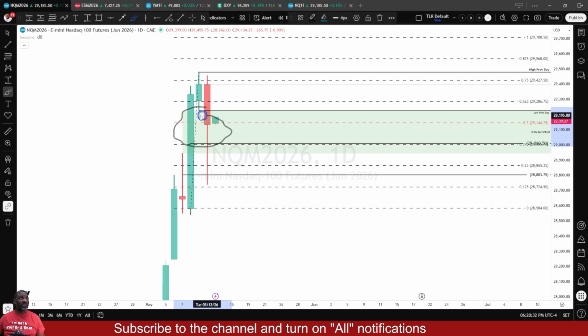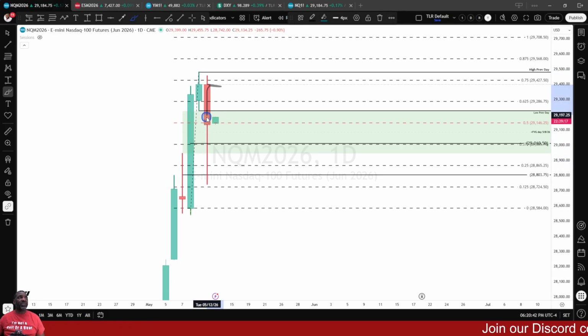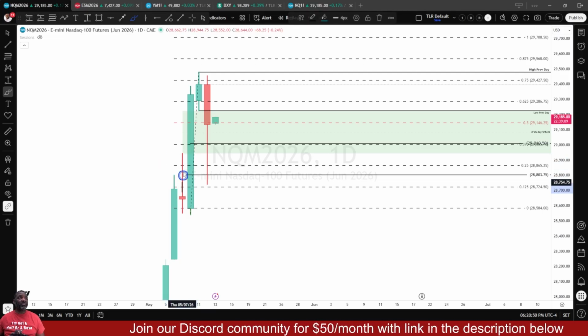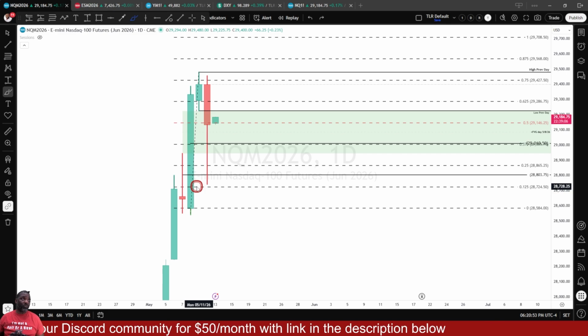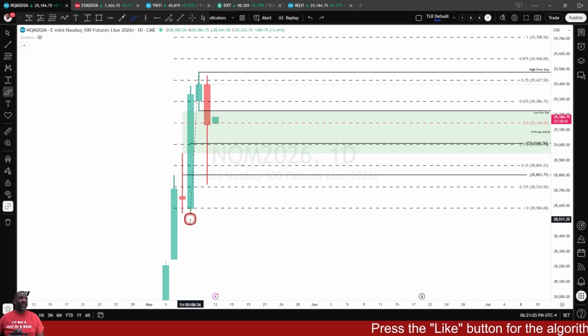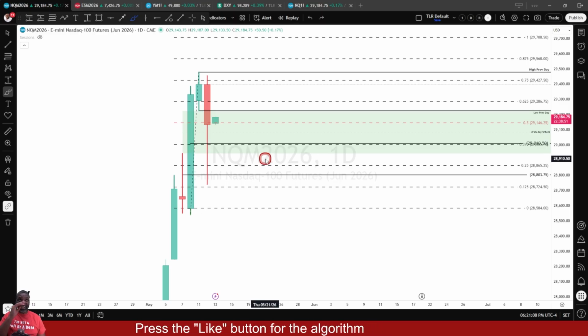This being a discount PD array is in the sense of below the open, below price at the end of this day. Even though it's a premium wick, meaning it's above the cap, it's the top wick, it's a discount PD array because our equilibrium is from Monday's high down here to Friday's low. That's our short-term range that we're watching.